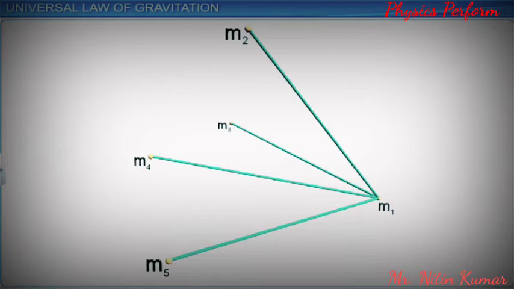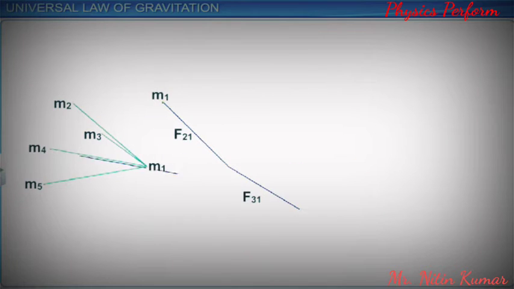Thus, the net gravitational force on the particle of mass M1 is given by F1 net is equal to the vector sum of F21, F31, F41 and F51.